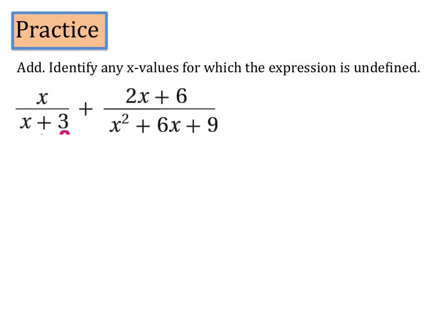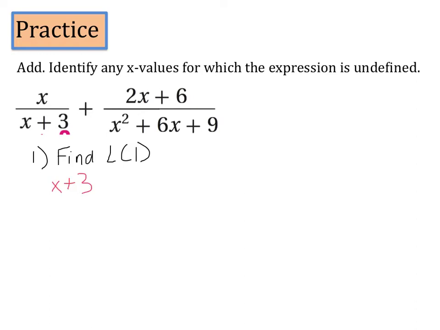Okay, let's try a practice problem where we'll be adding two rational expressions. So our first step is to find the lowest common denominator. So my first one is x plus 3. Now my second one, remember I want to write these in simplest form.